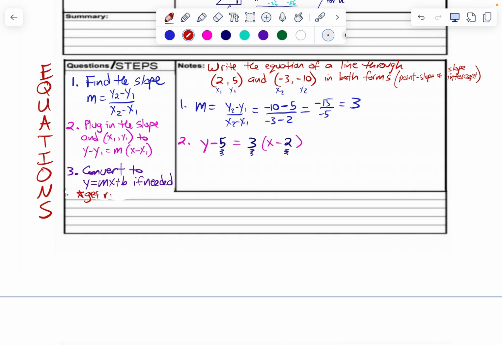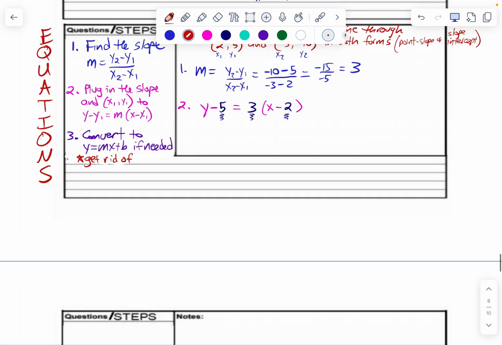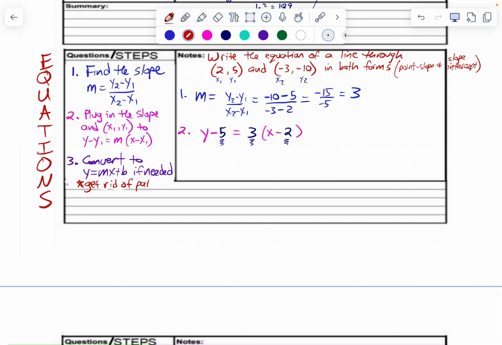Just get y by itself. Seriously, get rid of parentheses. Okay, let's get rid of parentheses. How do we do that?